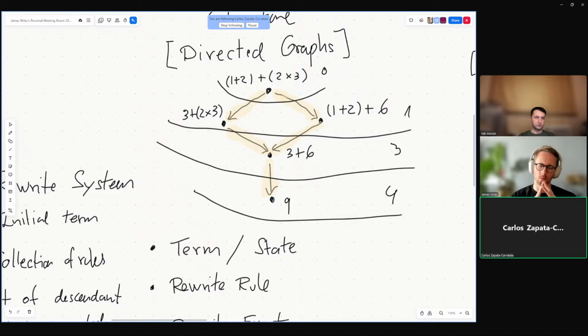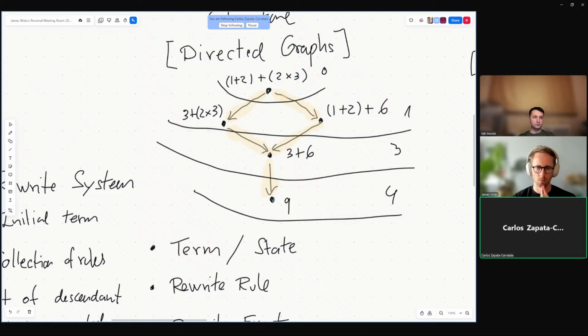Because we are tracking this rewrite system, you know that the term 3 + 6 needed to come through one of these 2, because we didn't have an atomic expression yet to get the 3 + 6.